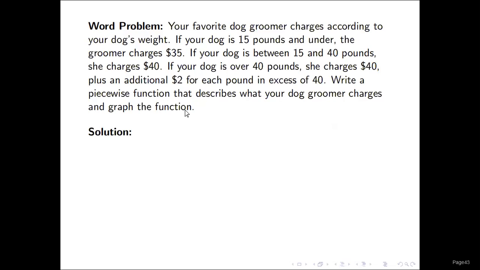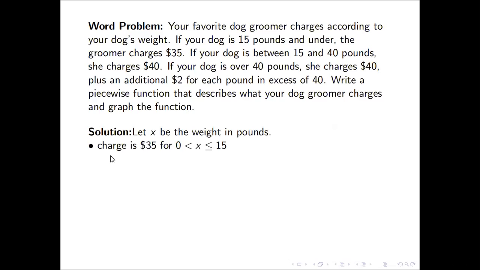First, we split up all those sentences into a piecewise function depending on the weight of your dog. So denote that by X, the weight, of course, in pounds. Now, if your dog's weight is less than or equal to 15, charge is 35.